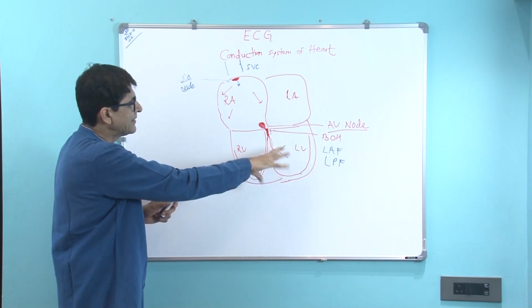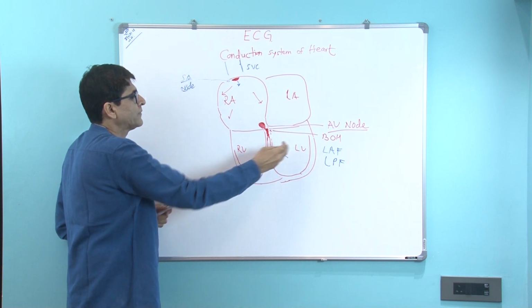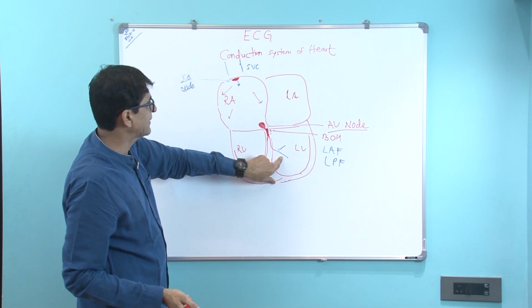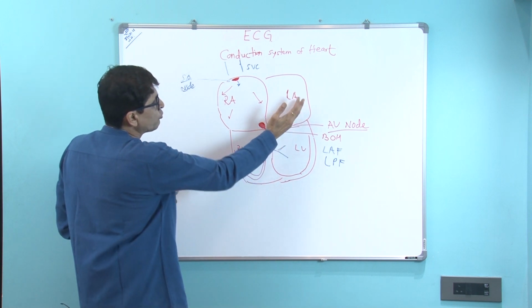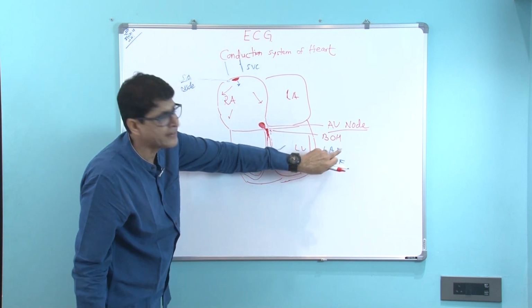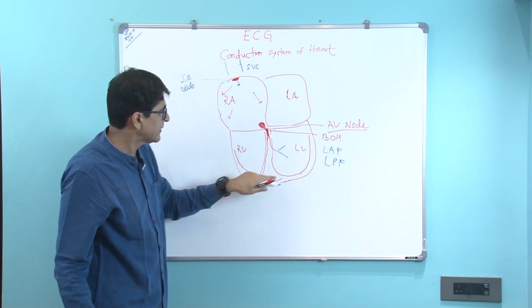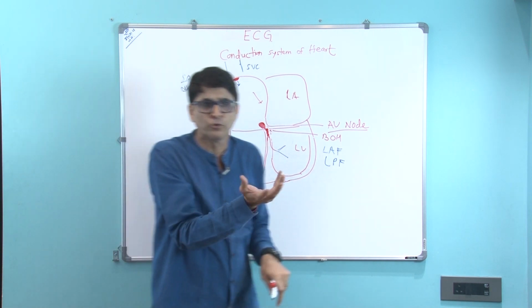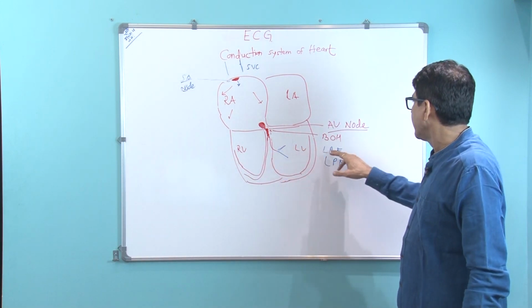Since it is a two dimensional diagram, some diagrams show it differently. The left anterior fascicle is the anterior superior division, and the left posterior is the inferior posterior division. So it covers the posterior aspect of the heart. Understood?